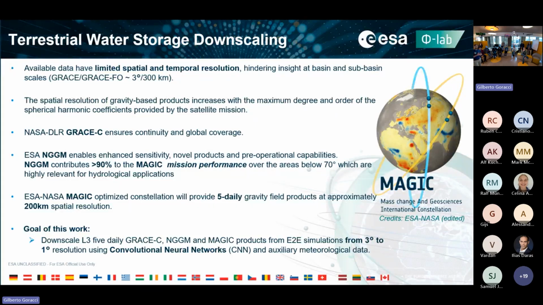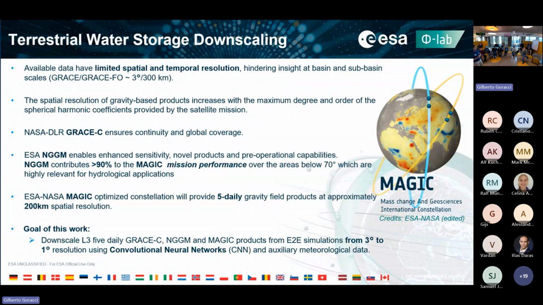Because as you can see from the picture on the right, GRACE-C will be responsible of the polar region, while under 70 degrees of latitude, we will be covered by NGGM, and those regions are the most relevant for hydrological application.